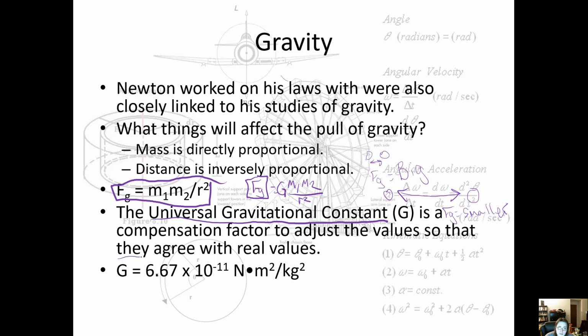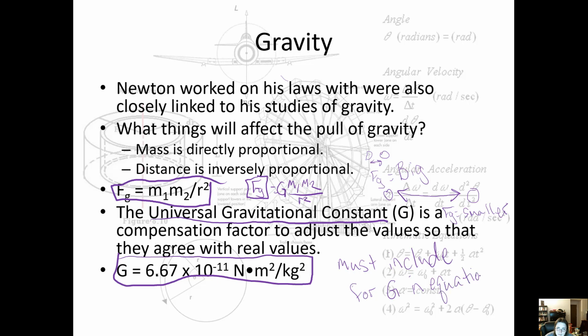The value of big G is 6.67 times 10 to the minus 11th newton meters squared per kilogram squared. You must include units for big G in your equations or in your inventory, or you'll lose that point if it's a 2-point question on the Regents.